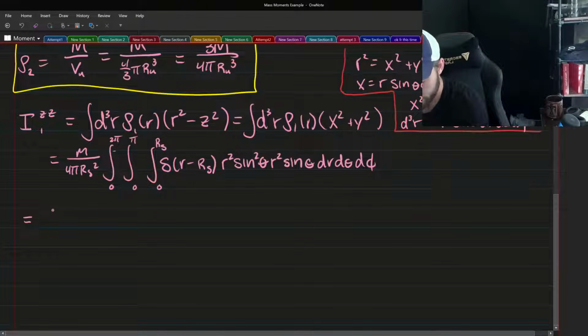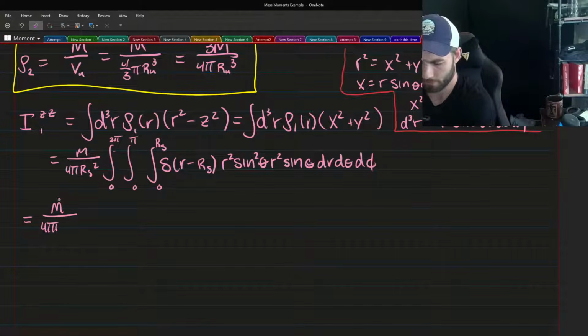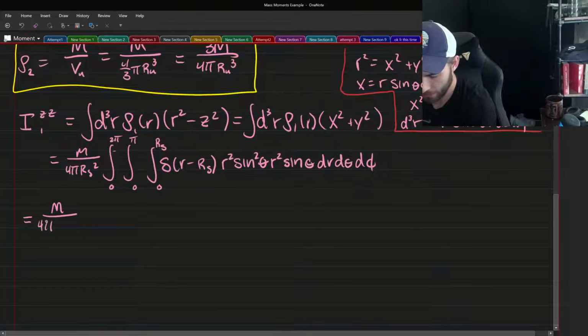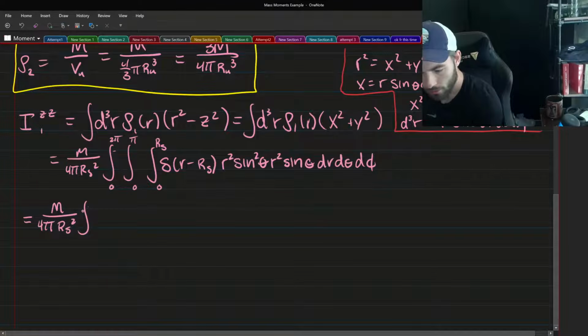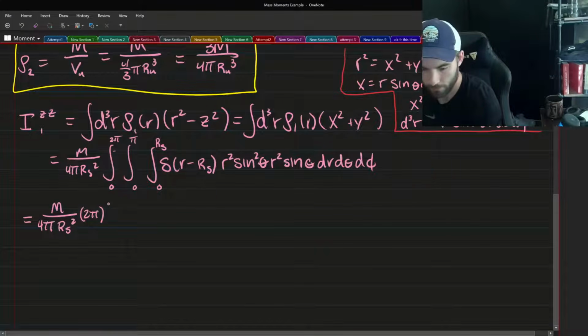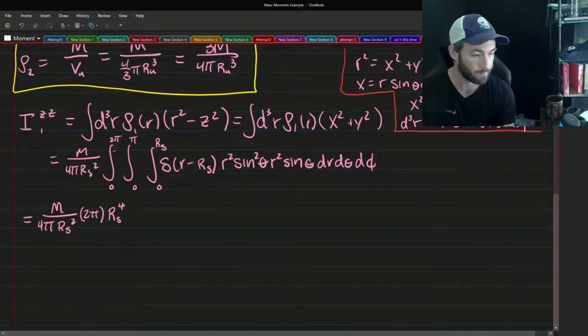So this gives us m over 4 pi rs squared. Sorry, my handwriting's kind of deteriorating. I should slow down. We also get that factor of 2 pi from the phi integral. We also get a factor of rs to the fourth from the r integral and the delta function.